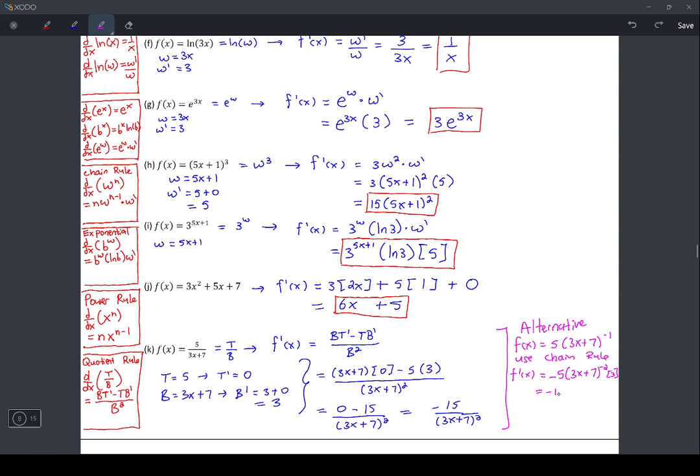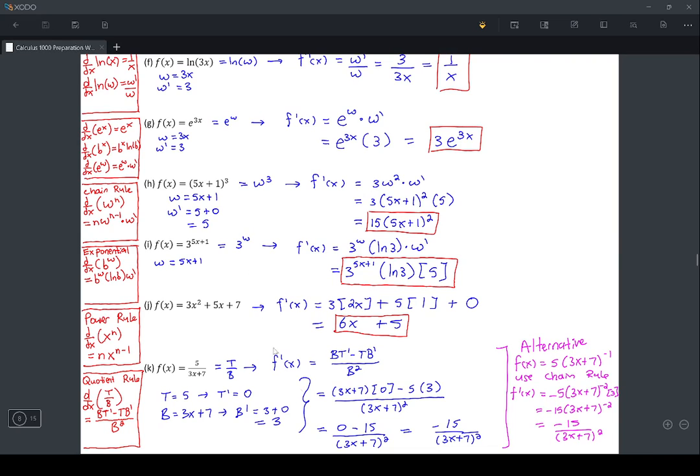So we get negative 15 times 3x plus 7 to the power of negative 2. And that could be rewritten as negative 15 divided by 3x plus 7 to the positive 2. That's a lot faster. But they're both valid. They're both good. You pick your favorite. I'm going to break the video here and then continue the next problems in another video.